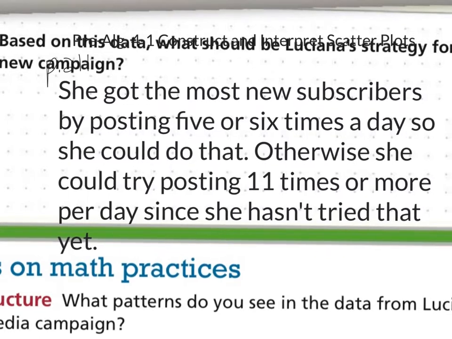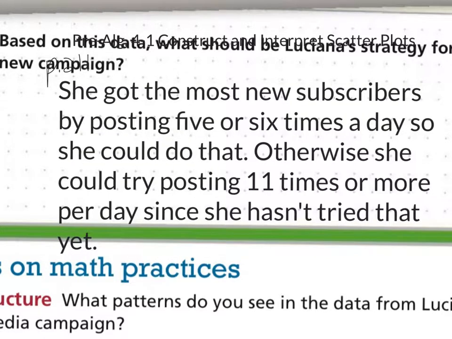So one idea here, if you look at the chart, is that she got the most new subscribers when she did 5 or 6 posts a day. So she could just go ahead with that. Another option would be posting more than that. The most posts she's ever done is 10, so she could try 11 times.